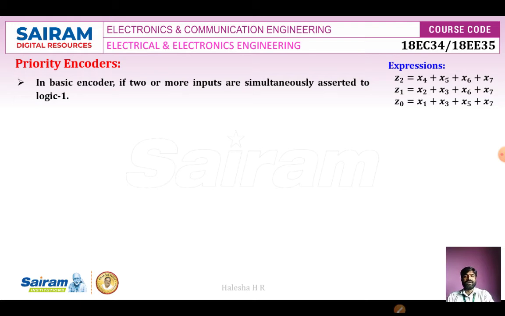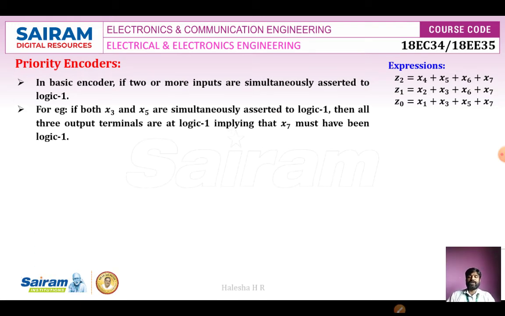What is that problem? Assume, for example, that both x3 and x5 are selected. We are expecting the output corresponding to either x3 or x5, but it gives output corresponding to x7. Why? Because x3 is included in the expressions Z0 and Z1, so both Z0 and Z1 are 1.